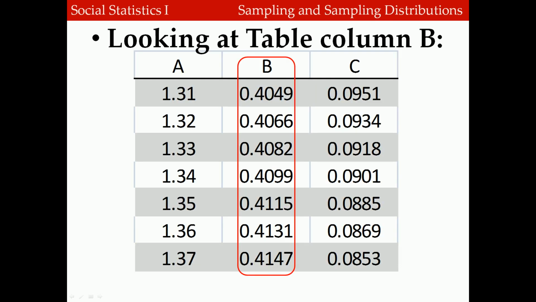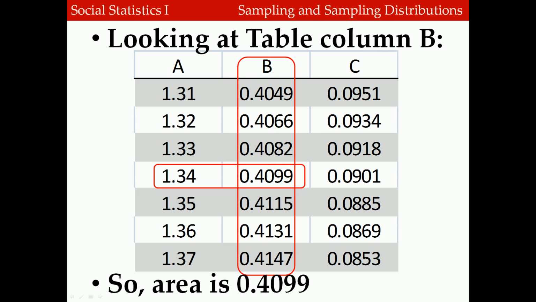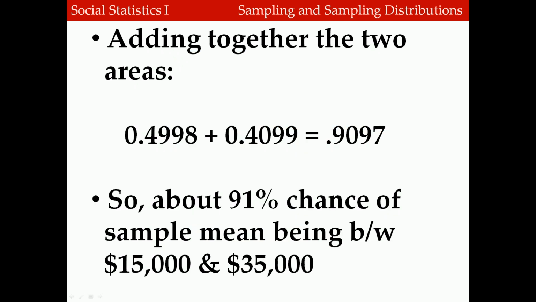Now remember that we want column B, the area between the mean and the z-score. If you're confused about that, take another look at the diagram, which shows that we're looking for an area between the mean and the z-score. And so we look up our calculated z-score, 1.34, and we find that the area between the mean and the z-score is 0.4099. And so that's the one we want for this area.